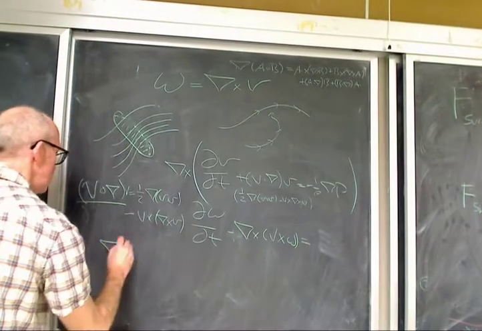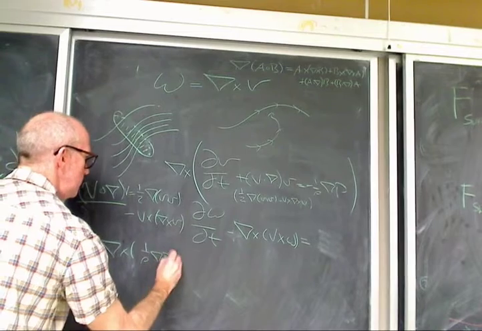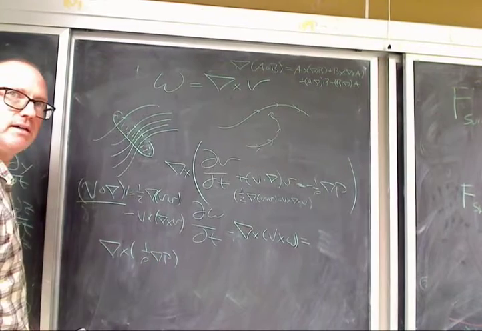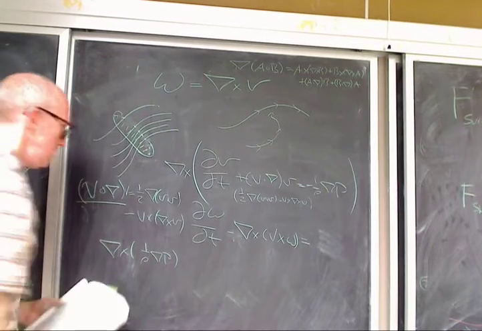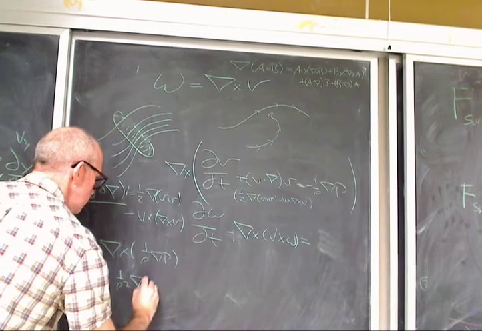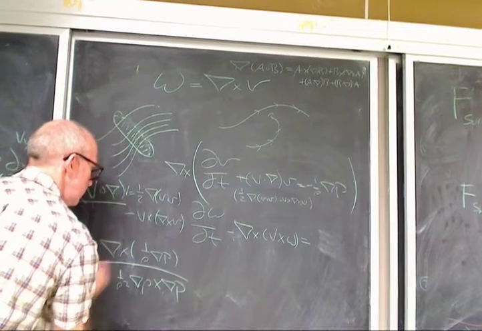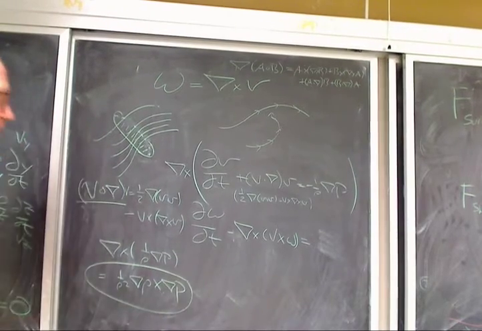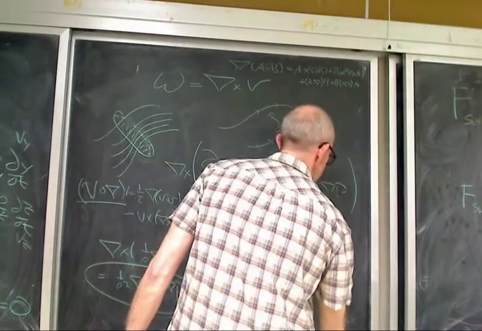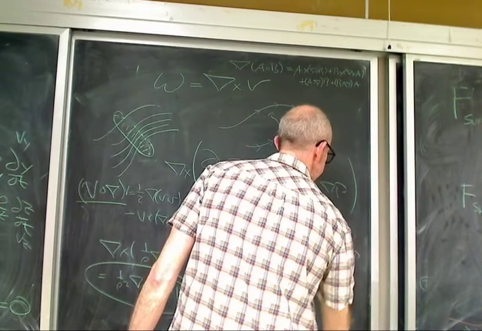So I'm going to take curl of 1 over rho grad p, which is equal to 1 over rho squared grad rho cross grad p equals grad rho cross grad p.